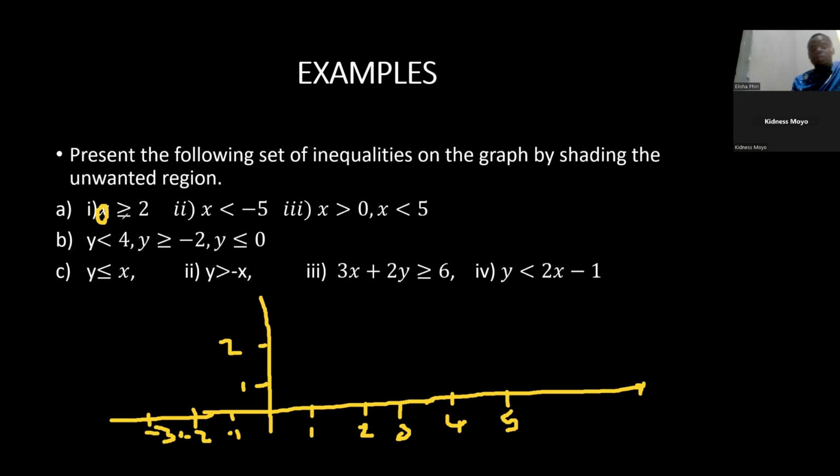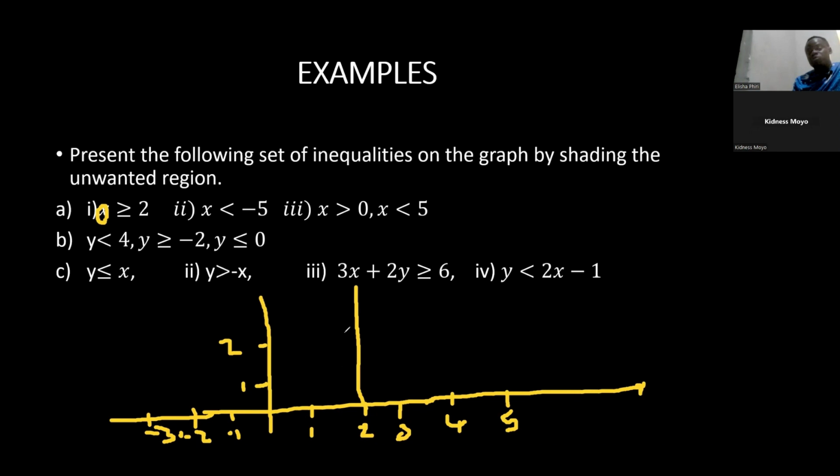So this first one is saying x is greater than or equal to 2. So we go to a part where x is equal to +2. We check: this one is the inequality symbol greater than or equal to, so the nature of the line will be bold. Very important, bold.